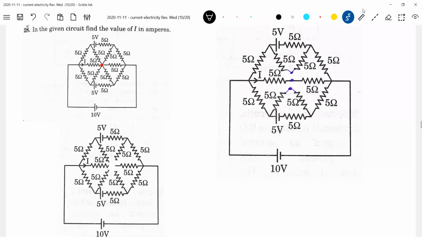Who is right, who is wrong? It can happen like this also.